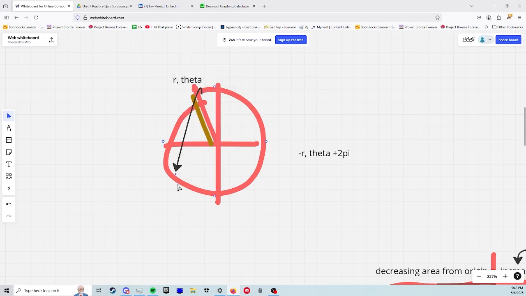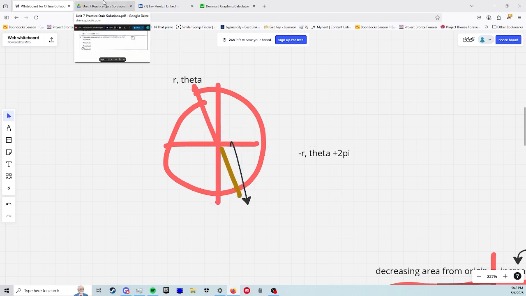And now it goes around once and it goes around twice, but because there's a negative r right here, it gets flipped over. So then it becomes this. So which quadrant would this be? It would be quadrant 4.